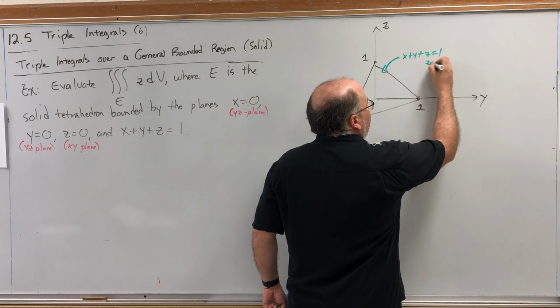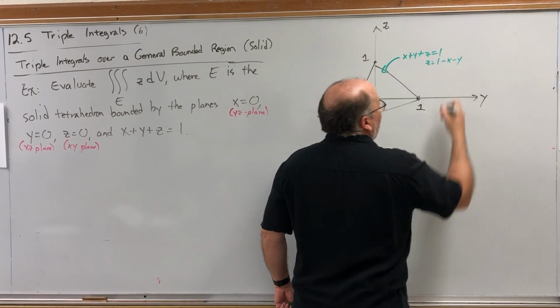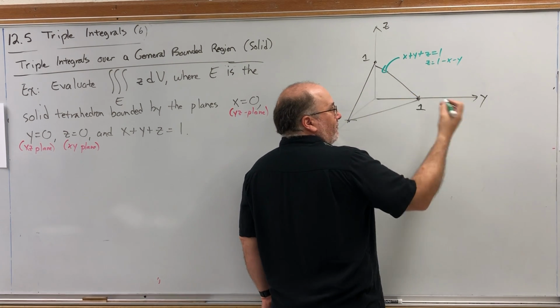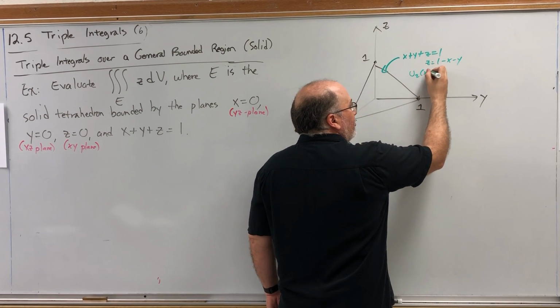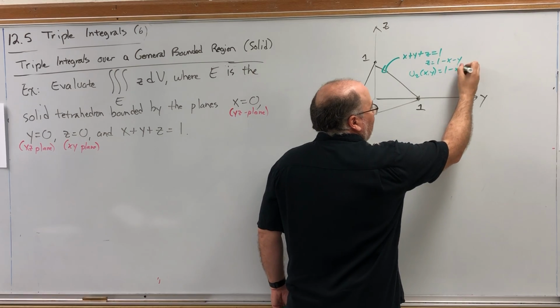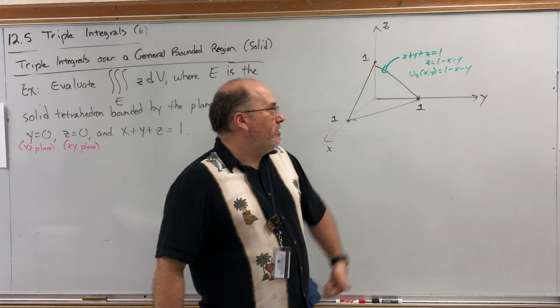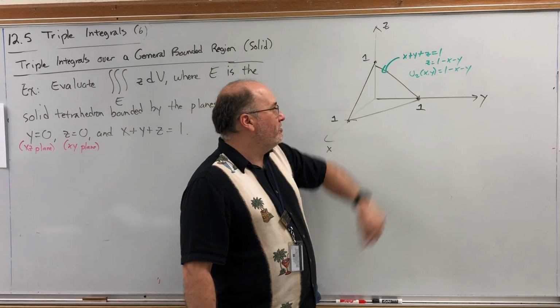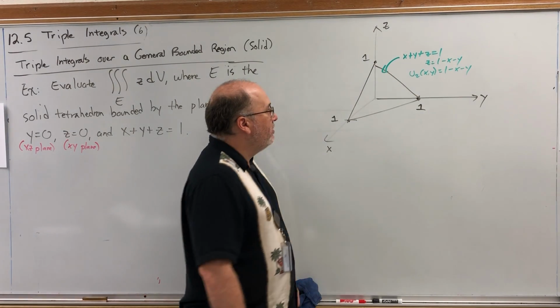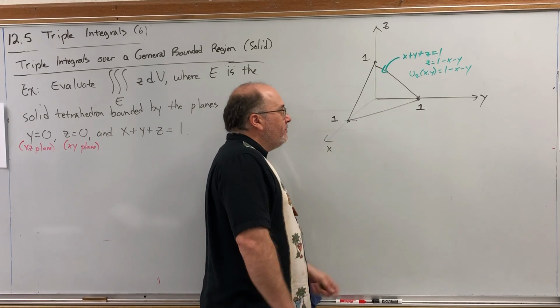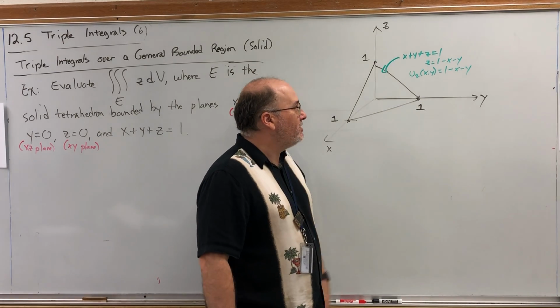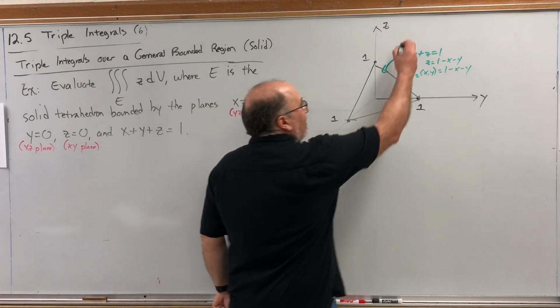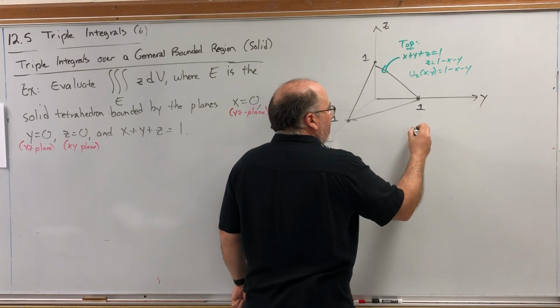So if we said z equals 1 minus x minus y, that would be what was referred to generically as u2 of x, y. You don't have to actually pause and say, hey, u2 of x, y is equal to 1 minus x minus y. What's more important is that you solve that equation for z. So on the top of this surface, this plane, z is equal to 1 minus x minus y. That's the top. So what's the bottom?